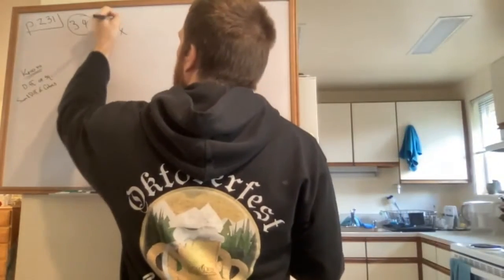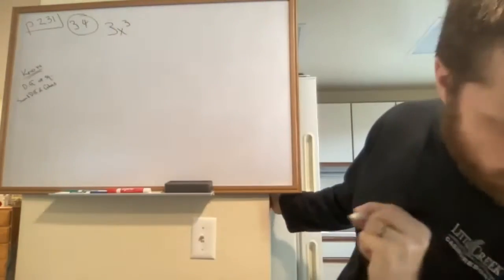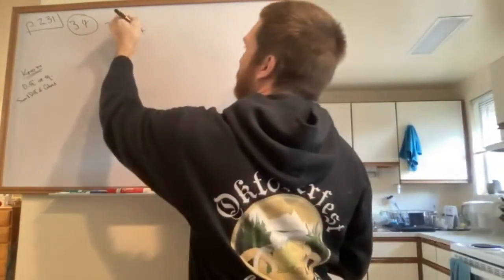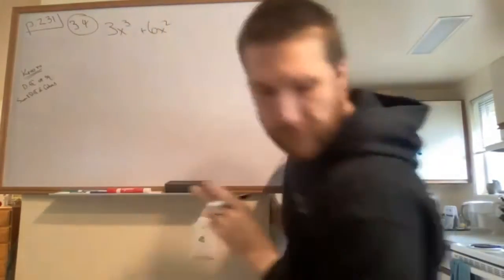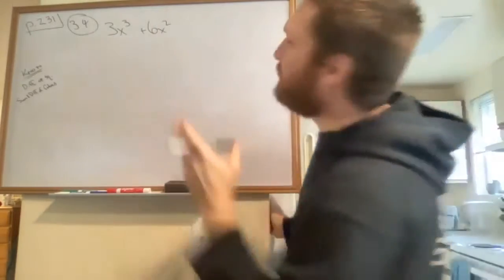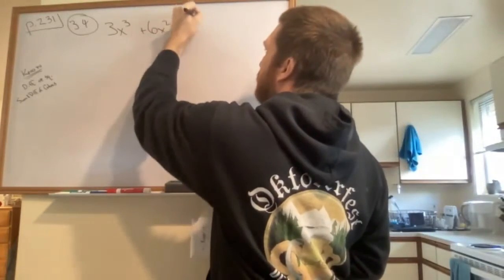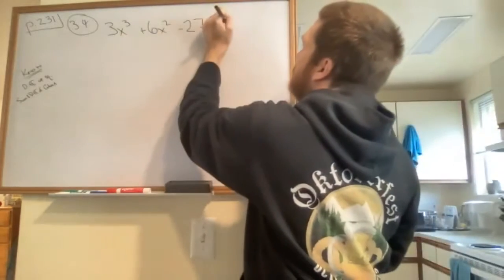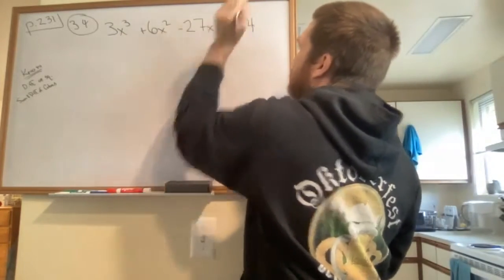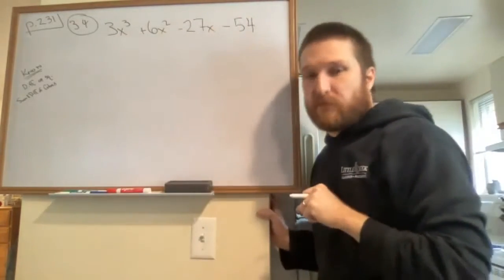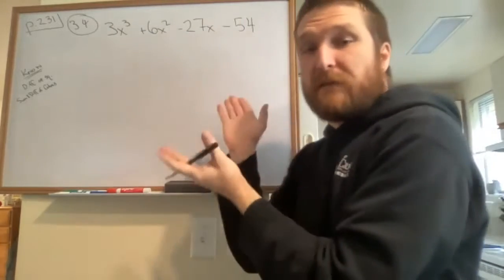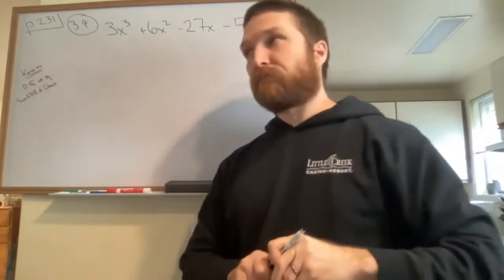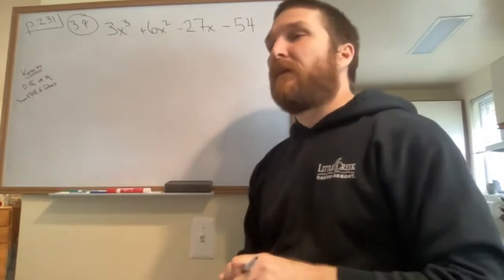It is 3x cubed plus 6x squared minus 27x minus 54. We want to factor this. This is what's given, and let's say I were to say factor completely.